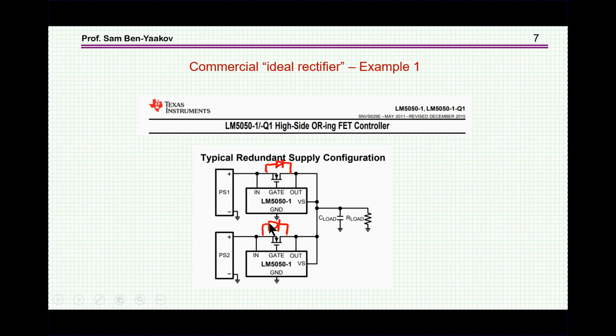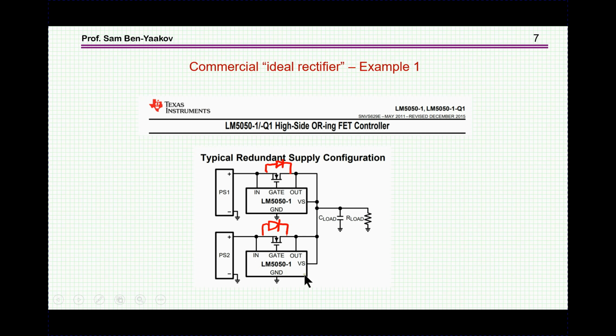There are a number of commercially available units like this. This particular one is a slow one. It's not intended for a switch mode converter. For our arrangement of power supplies or power sources or batteries, it's okay. We have here the transistor, and this is the inherent diode that I'm showing.